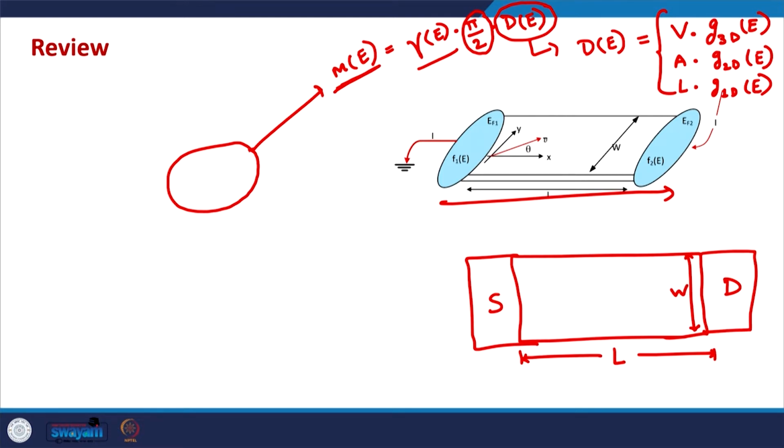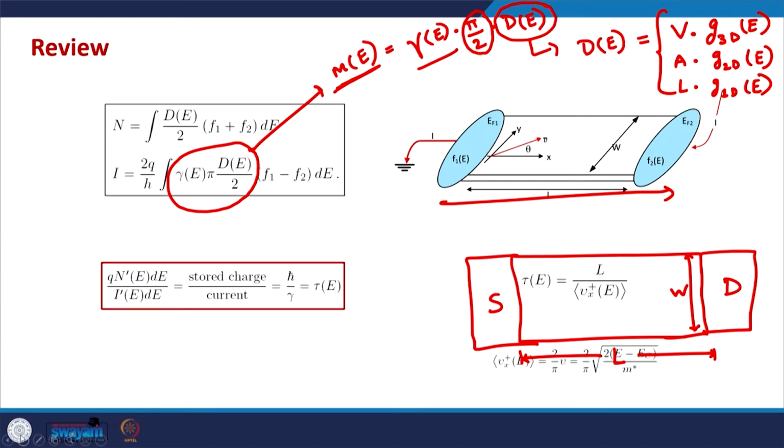In this kind of setup, we saw that in order to calculate gamma E, or in other words, in order to calculate tau E, which is essentially h bar by gamma E, we need to find the ratio between the stored charge in steady state divided by the current.